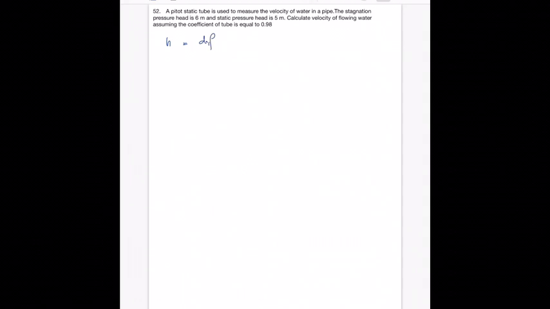H, that is differential head, is equal to stagnation pressure head minus static pressure head. So this is the equation connecting H and stagnation pressure head and static pressure head.